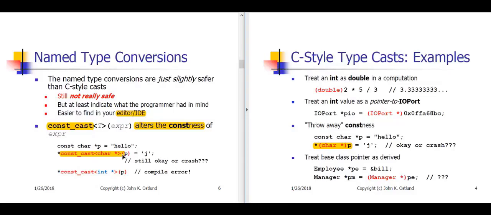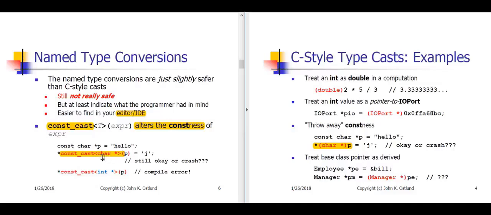That is, P is a pointer to a char const, and what we're using const cast to say is take P and treat that as a pointer to char. So we've eliminated the constness from P, or technically from the thing that P points to.